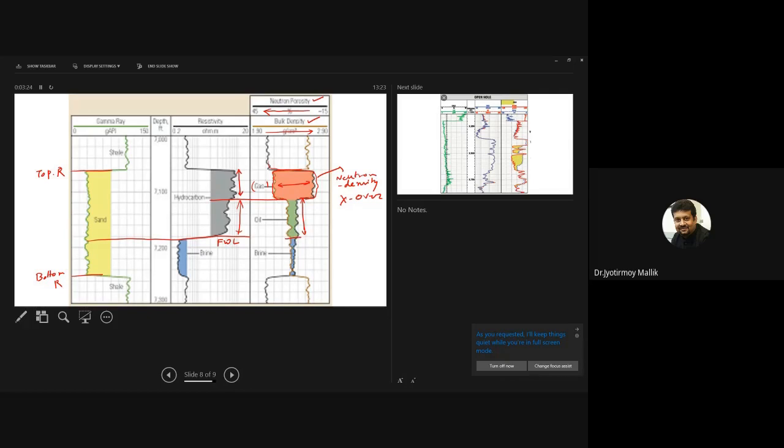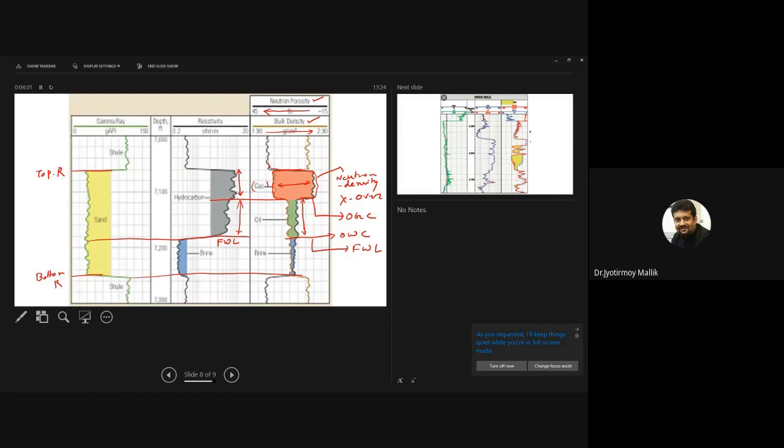So in this whole fluid column, I have three types of fluid. The topmost part, the least dense, is gas, then comes oil, and then comes water. This is my OGC, that means oil gas contact, and this is my OWC, oil water contact. We will also call it FWL, free water level. And then from here my shaly stuff actually starts.